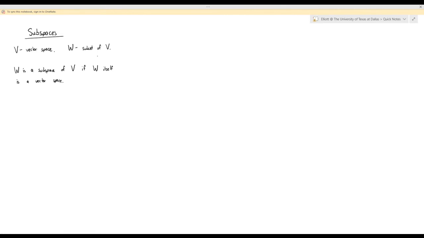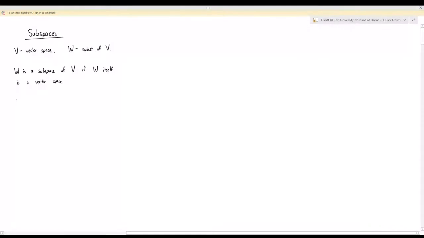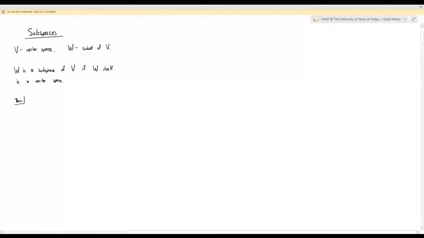Now, if you're checking if something is a subspace, it turns out you don't have to check all of those properties of a vector space. There's only two of them that you have to check. So I'll state that within a theorem right now.